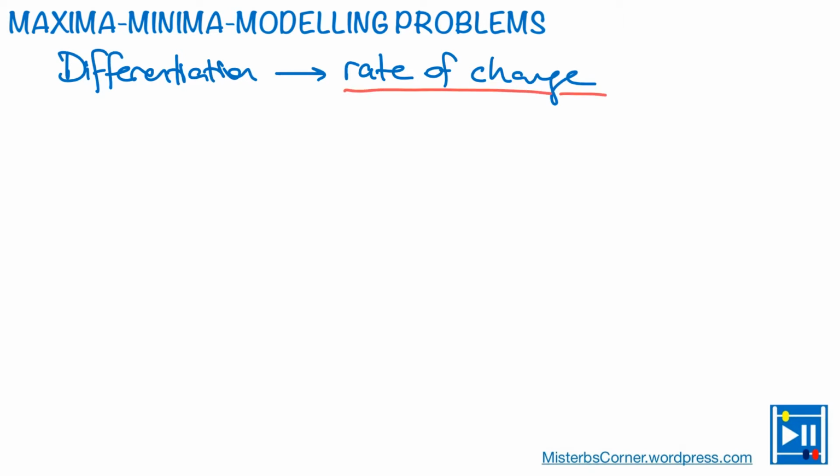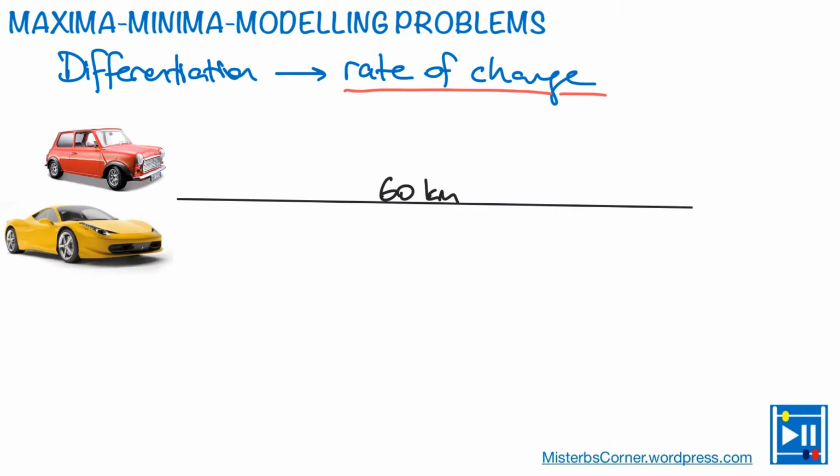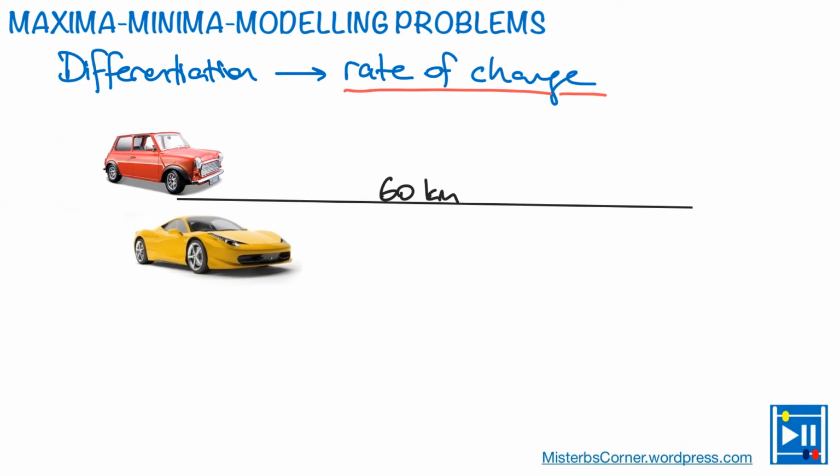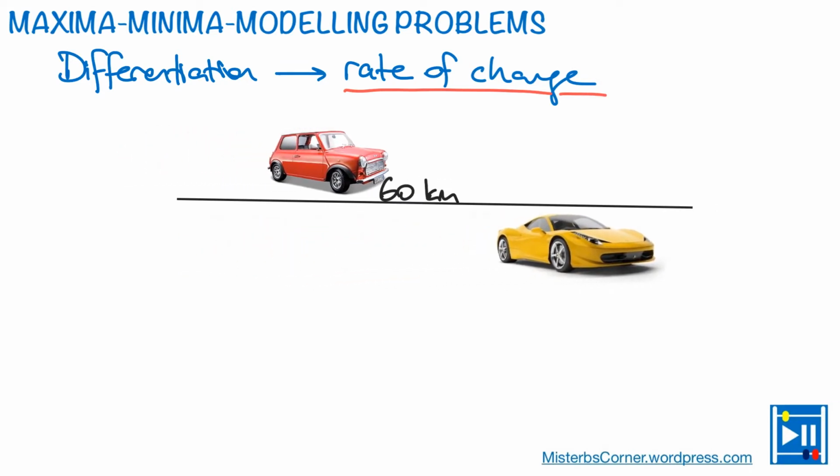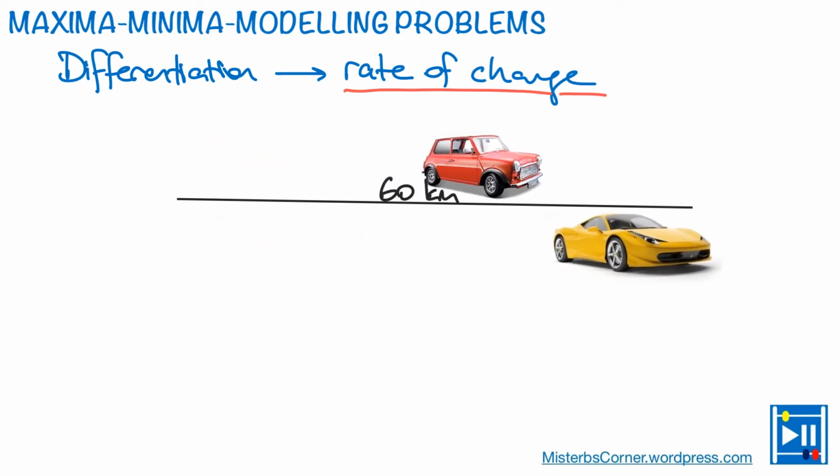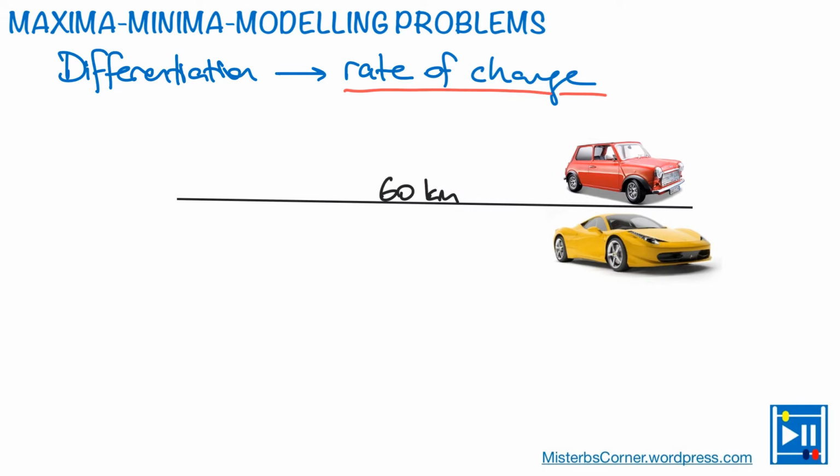So let's think about two cars. Under normal circumstances, these two cars can travel 60 kilometers and complete this distance. But if we consider how long it will take for these cars to finish it, we know that one of the cars will be faster than the other.